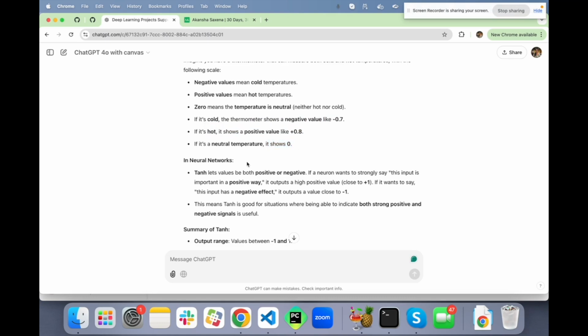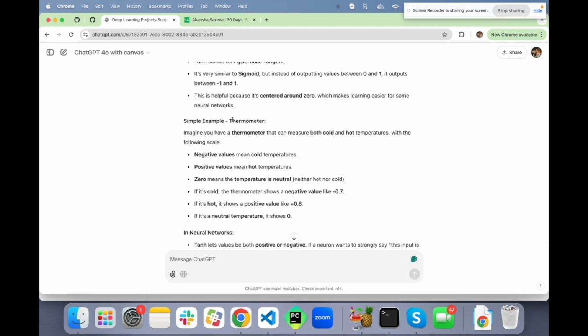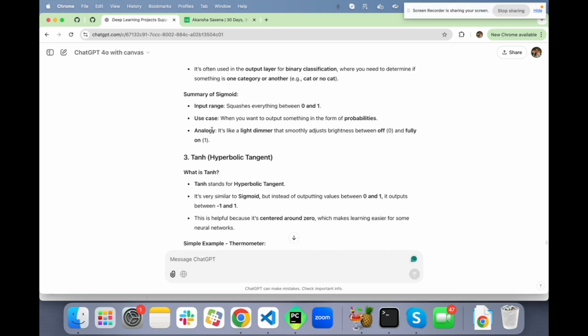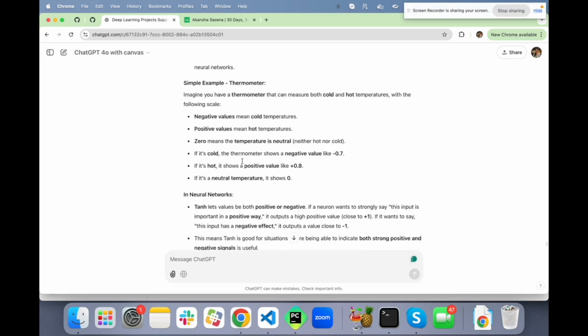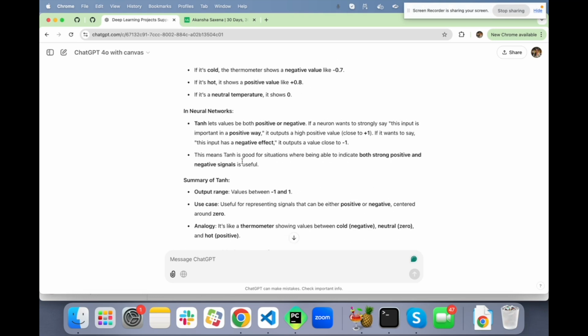So if we want the values to include zero and negative as well, then we go ahead with tanh, the hyperbolic tangent activation function. In neural networks, tanh lets the value be both positive or negative. If a neuron wants to strongly say this input is important in a positive way, it outputs a positive value.